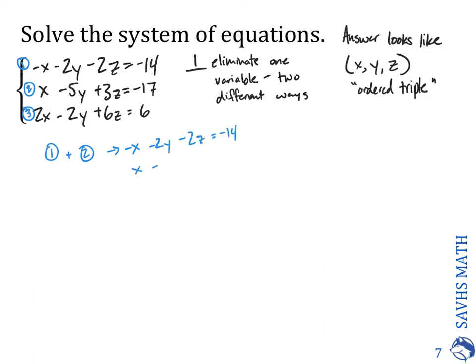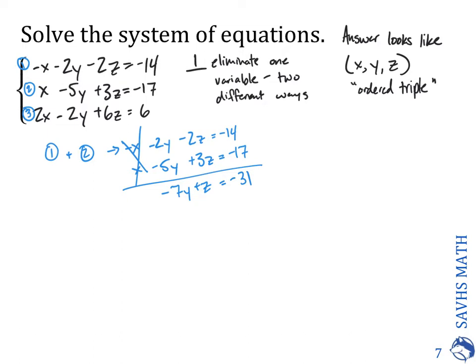And then x minus 5y plus 3z equals negative 17. So when I add those, I get no x's, but I get negative 7y, and then I get z, and then I get negative 31.